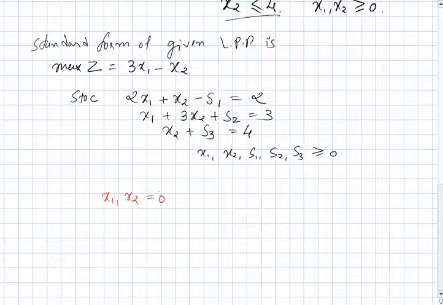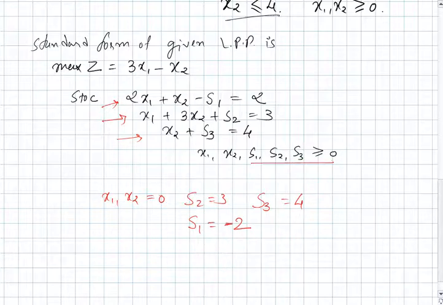Then from the second constraint s2 equals 3, from the third constraint s3 equals 4, but from the first constraint s1 equals minus 2. That does not satisfy the non-negativity of our variables.